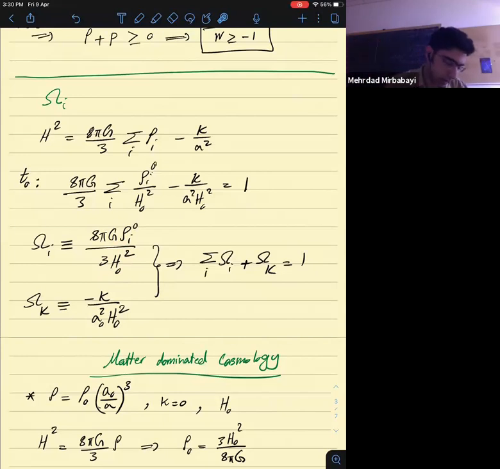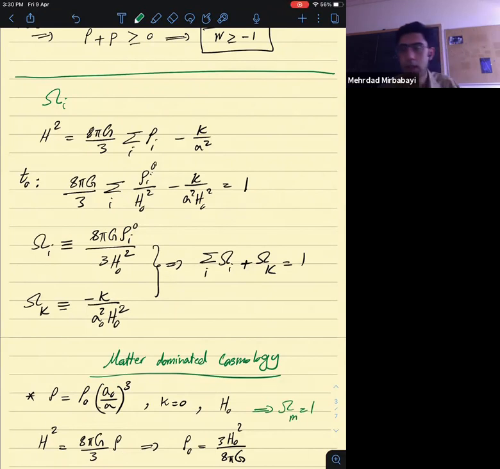Like for instance, in this example here, I had k equal to 0, and the only component was just matter. So in this example, I had omega matter equal to 1.